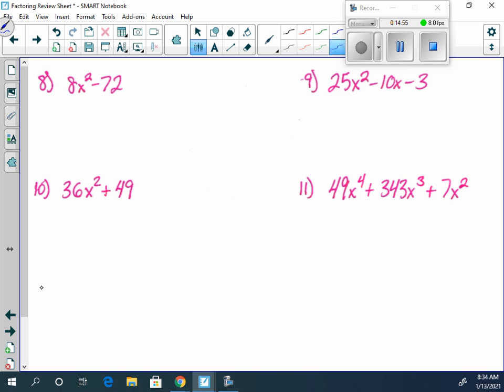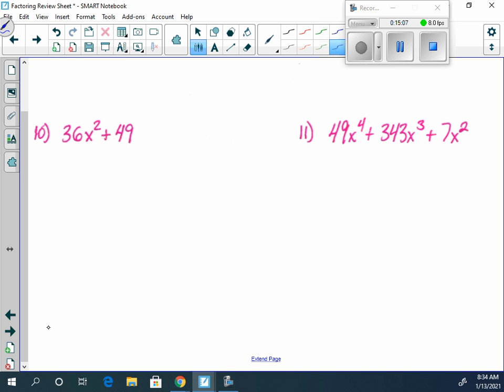So looking at this here, 8, 9, 10, and 11. Any questions on any one of these here? 11. So when we look at 11, 49x to the fourth plus 343x to the third plus 7x squared.